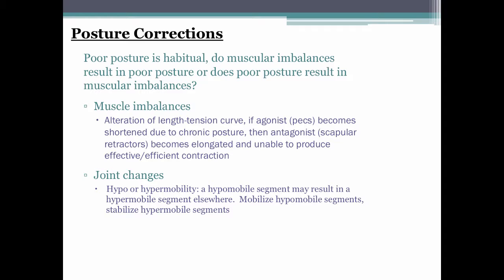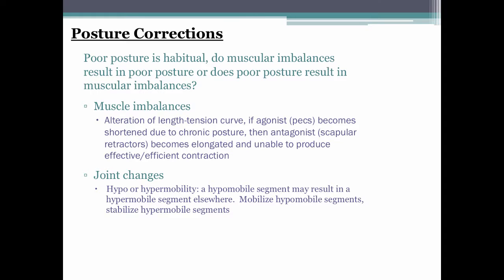We also will get joint changes, so we can have hypo- or hypermobility. Like I was talking about earlier with some of our athletes having a loss of thoracic extension, they become hypomobile in those segments, and as a result they become hypermobile in their lower lumbar segments.